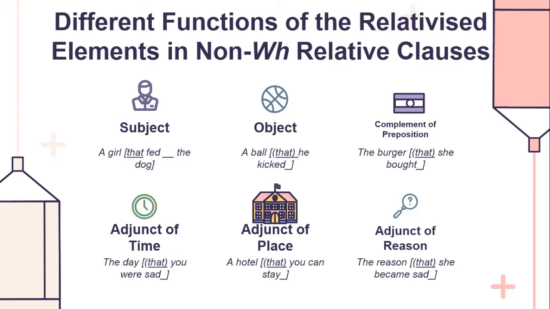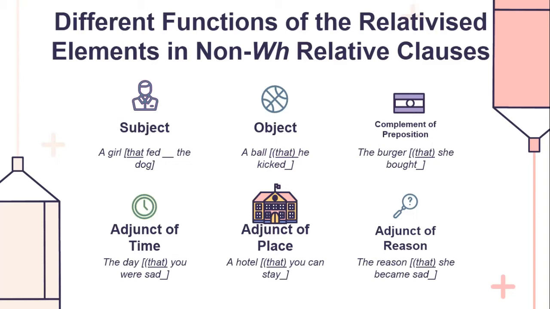Of the antecedent. And then in non-WH relative clauses, we have two types of relative clauses: that relative and bare relative, as mentioned before. And one more thing, in the examples, except the first example, there are parentheses around "that."